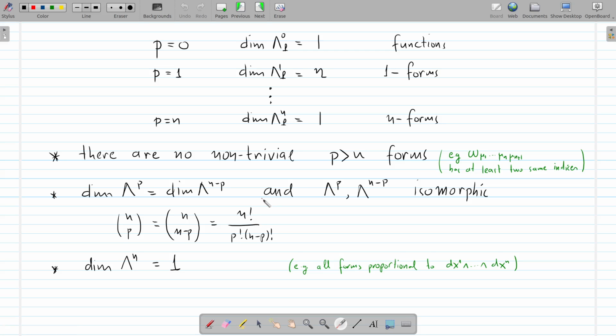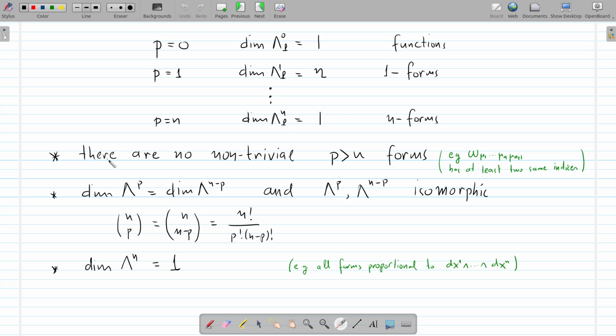Let's see some examples here. For p equals 0, we have 0-forms, and the dimensionality of lambda 0 is equal to 1. For p equal 1, we have 1-forms, and we have already seen that this is an n-dimensional vector space. And for p equal n, we have only a one-dimensional vector space.